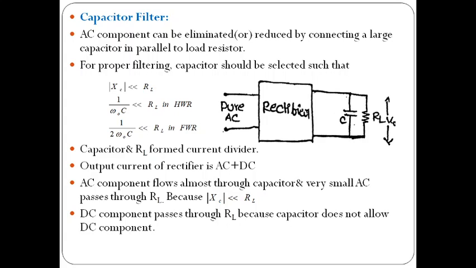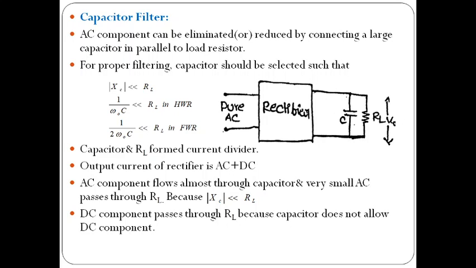So now we are dividing the AC and DC components. When you connect the capacitor and load resistor in parallel, the DC moves into RL and the AC moves into the capacitor.